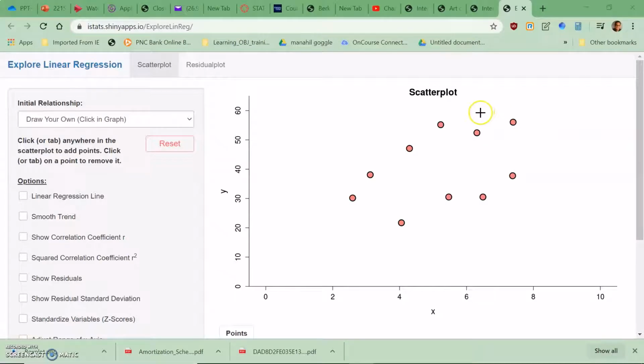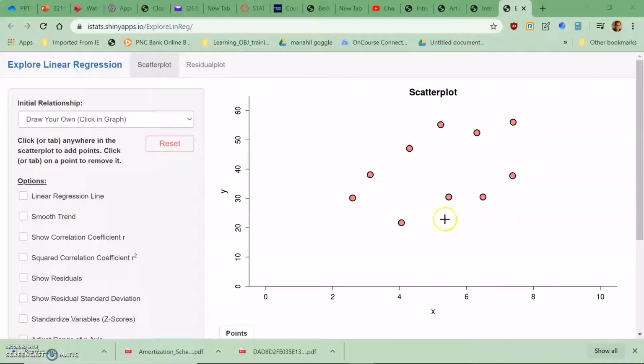Now let us extend our discussion, and let us suppose, for the sake of discussion, that we have this scatter plot from somewhere, with these data points, and I have drawn a scatter plot here. Now what I want you to think about is, can you draw a line which is closest to all these points?